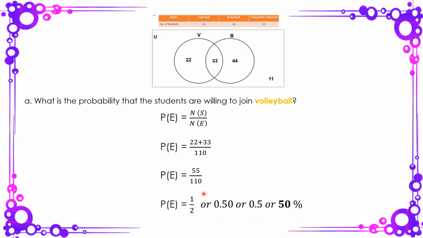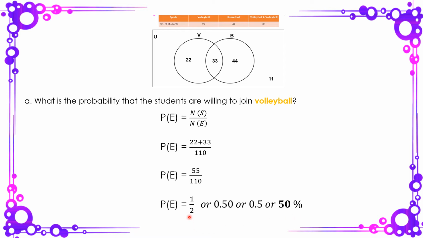And again, this is a fraction. So we must always give its lowest term or simplify. So this is equal to 1/2. 55 divided by 55 is 1. And then 110 divided by 55 is 2. So in getting the probability, the answer is written in fraction form, or in decimal, or in percent form.